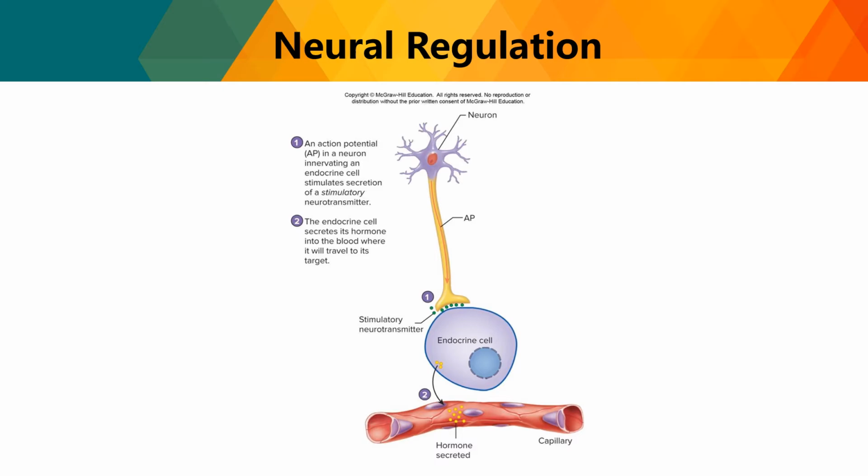Next, for the neural regulation, of course, meron tayo ditong nakikita na action potentials in your neuron innervating an endocrine cell which stimulates the secretion of the stimulatory neurotransmitters. And then, the endocrine cell secretes its hormones into the blood where it will travel to its target cell. So, just like what we have discussed when it comes to the nervous system, diba?